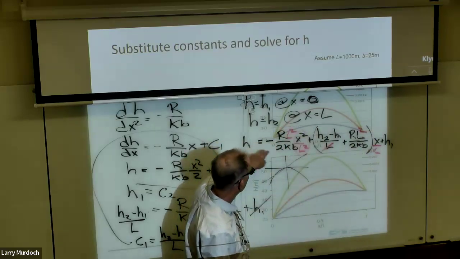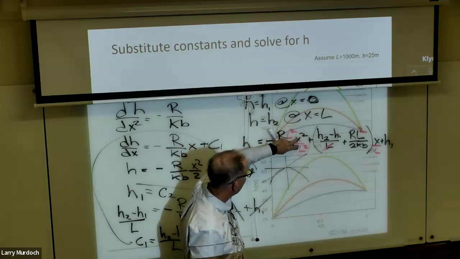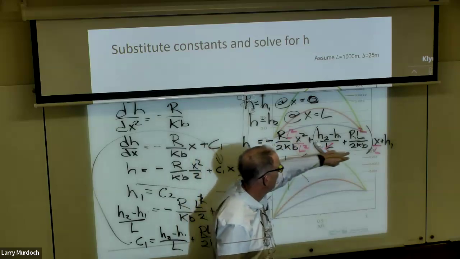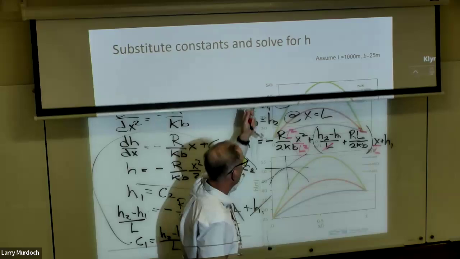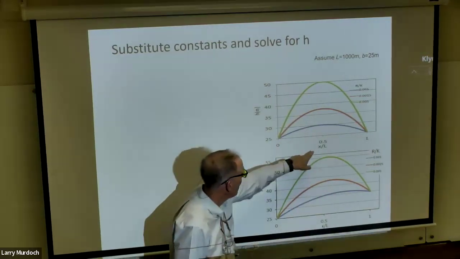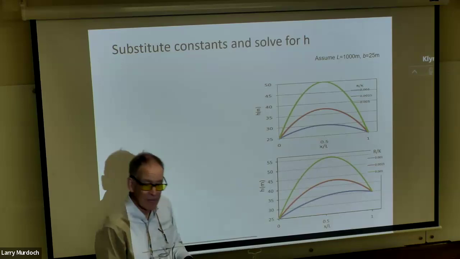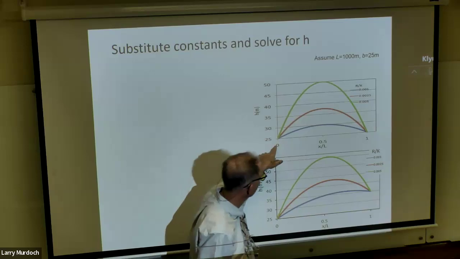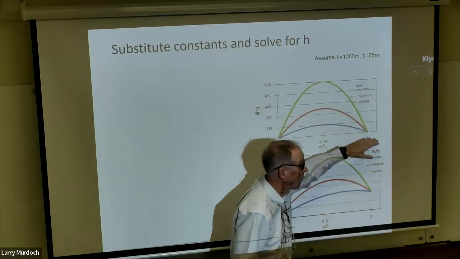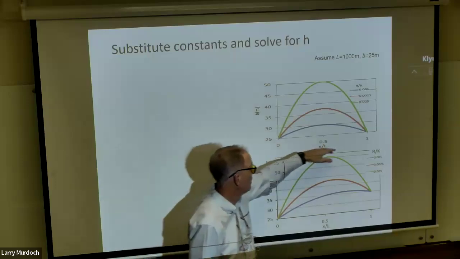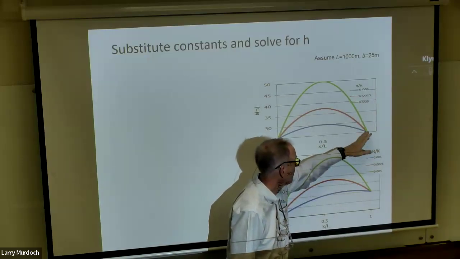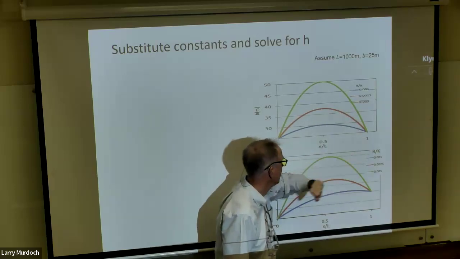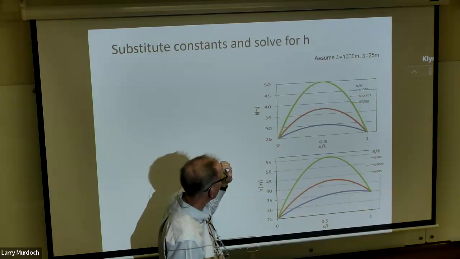Okay, so I can write this as a function of x over L squared, and this is x over L. Now when I plot it, that's convenient because the x-axis just goes from 0 to 1, instead of 0 to, you know, 1,000 meters or some actual dimension. It just makes it easier to visualize.